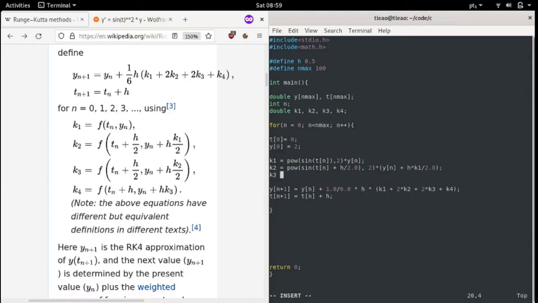Same thing for k3, or a similar thing for k3.